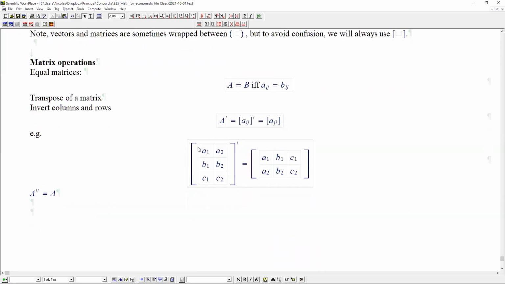All right, note, by convention, vectors are column vectors. So usually what this means is we care more about columns first than rows first.